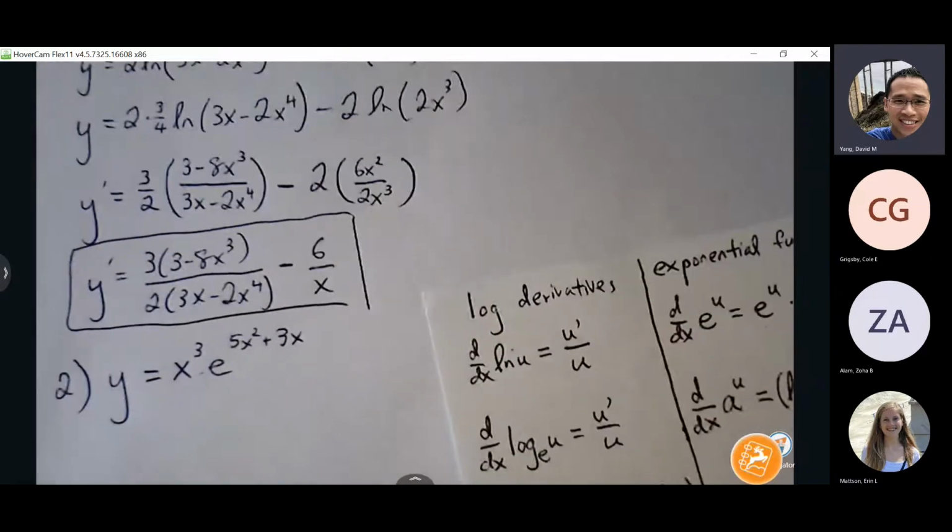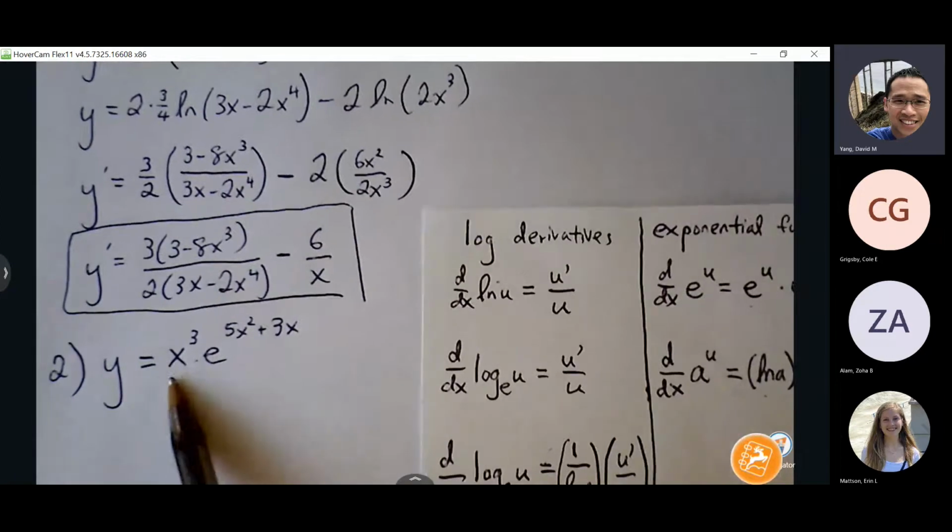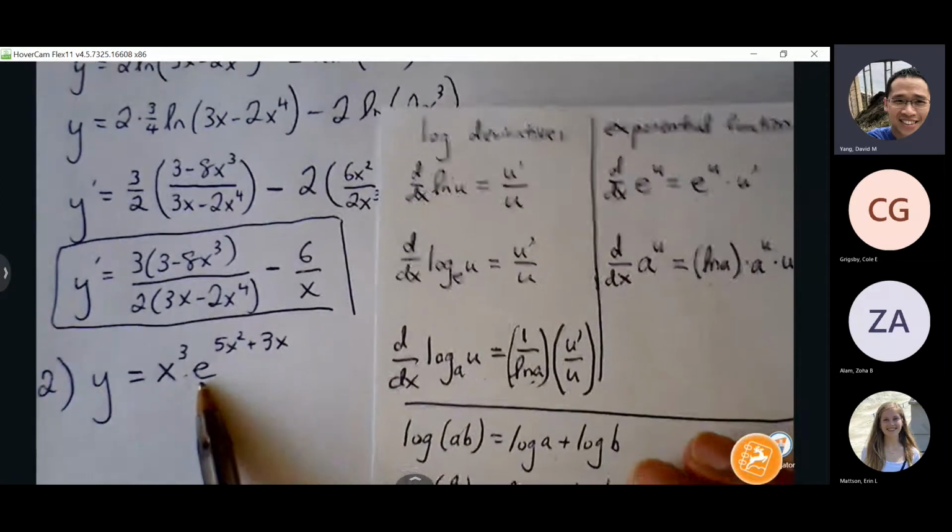And once I'm inside and beginning the product rule, I can take care of each derivative. So the first term is the power rule, and the second term is my e to the u rule.